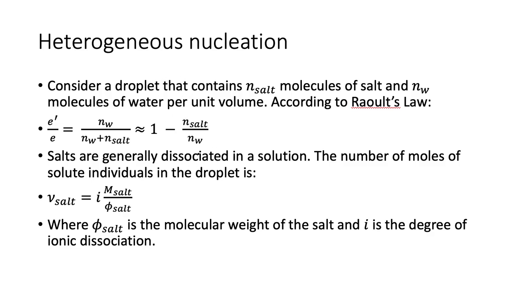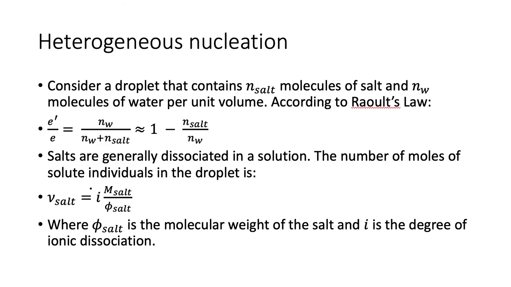N W is usually something that we can compute because we know the radius of the particle, for example, of the cloud droplet. But N salt is something that is a bit more complicated to determine, and we compute it like this: the number of moles of a particular solute, of a salt, in the droplet will be proportional to the mass that is dissolved.